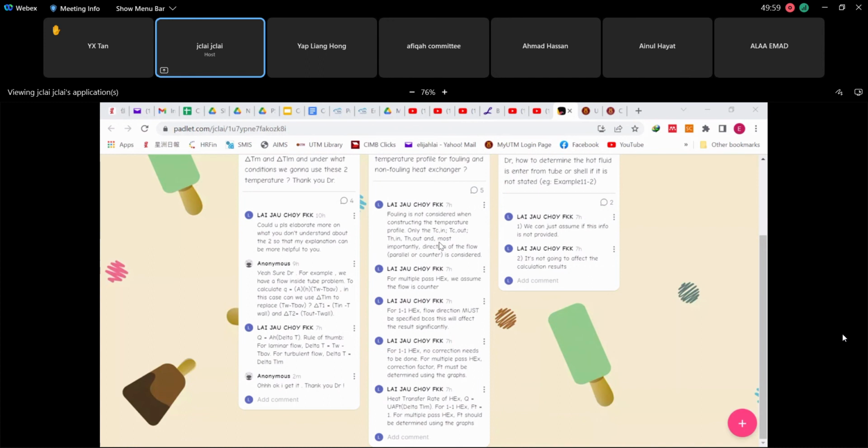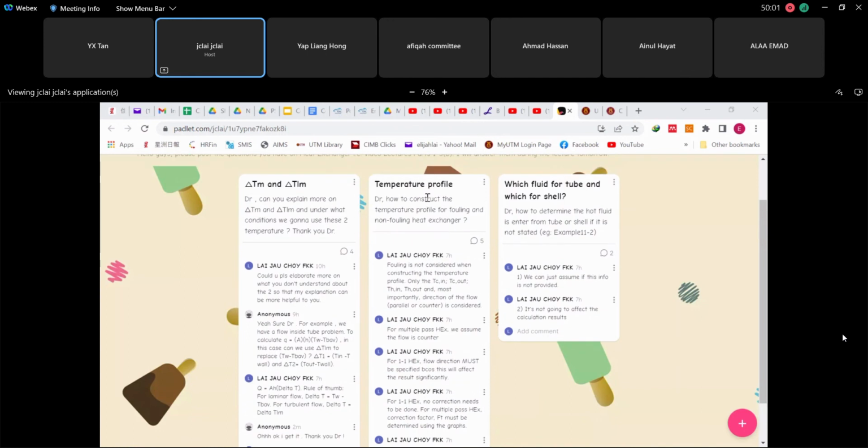Then the next question, temperature profile. I'm not sure what you mean by the temperature profile, but I guess it's something like the temperature profile I showed just now, if you are the one who asked.